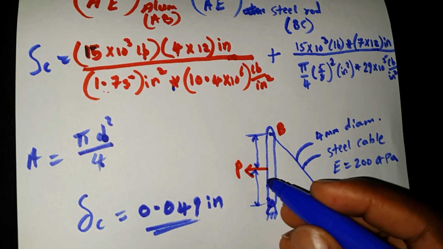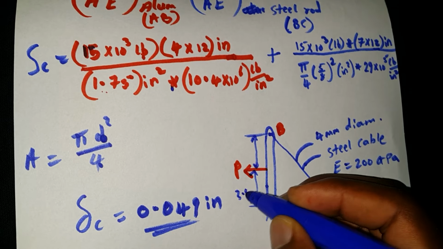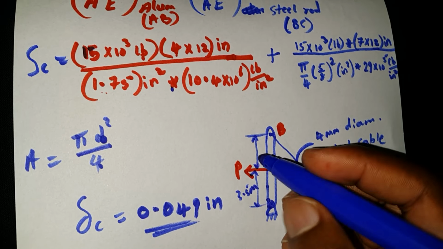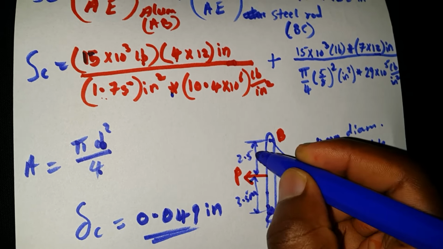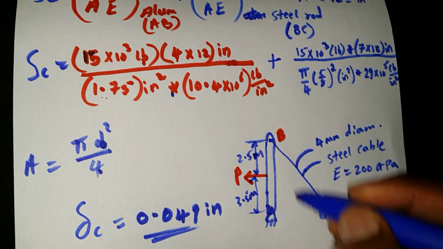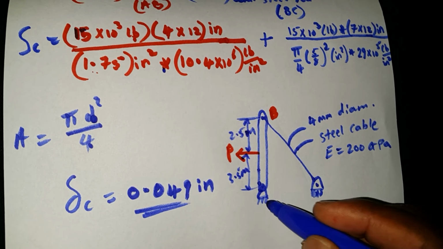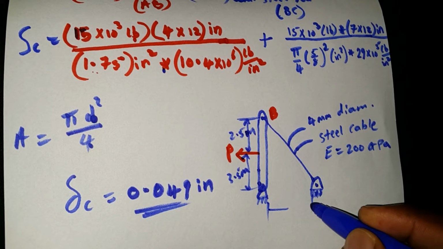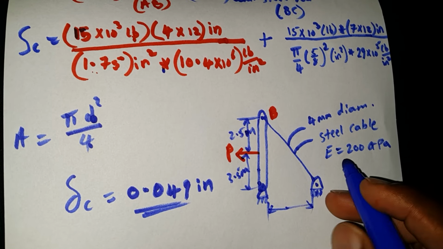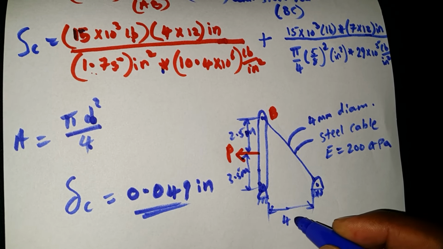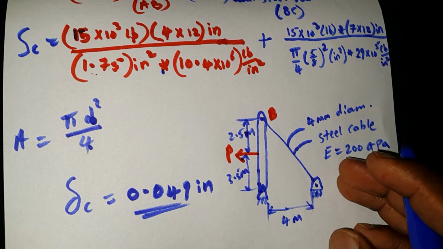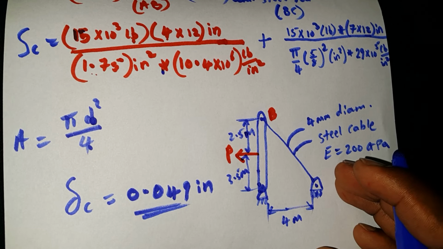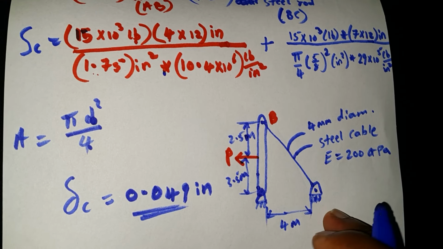The distance is 3.5 meters, and this is 2.5 meters. Then the distance from here to here is, let's say, 4 meters. Now you try to solve this.